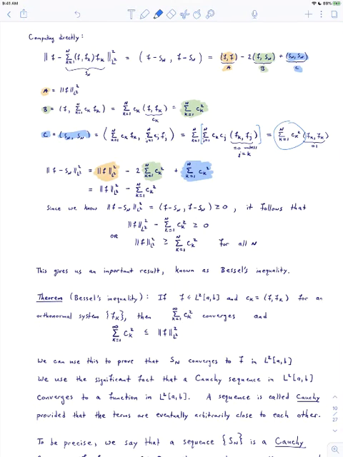So what does that tell us? If you compute the norm squared of f minus Sn, that's equal to the norm of f squared minus the sum k equals 1 to n of ck squared.